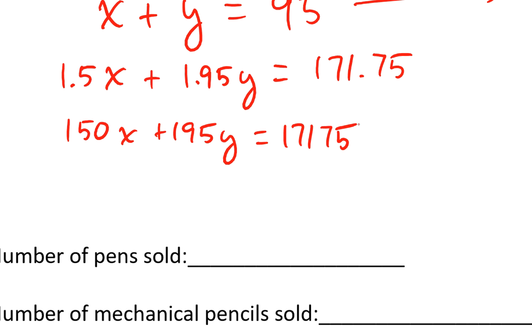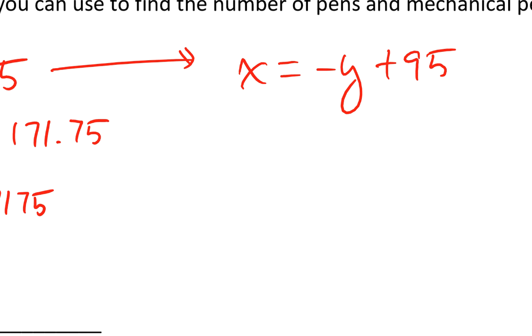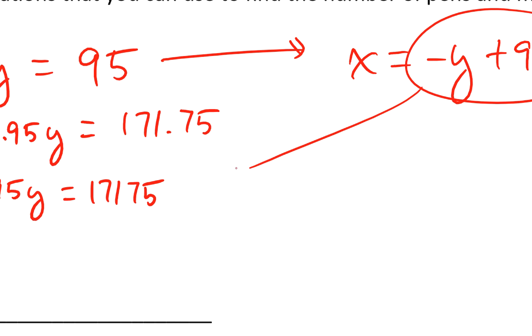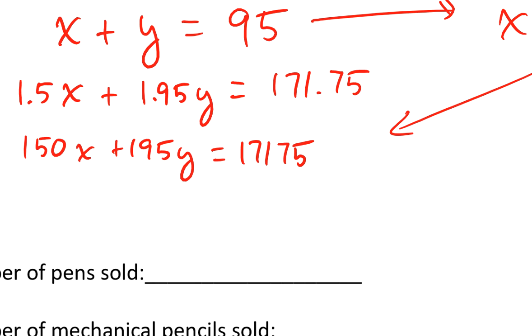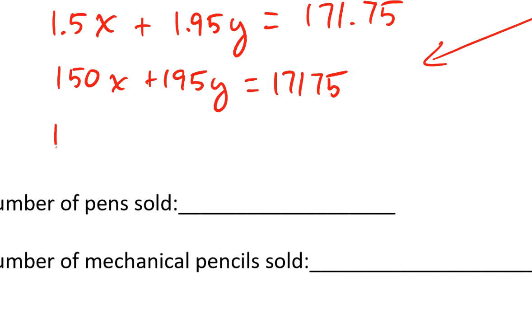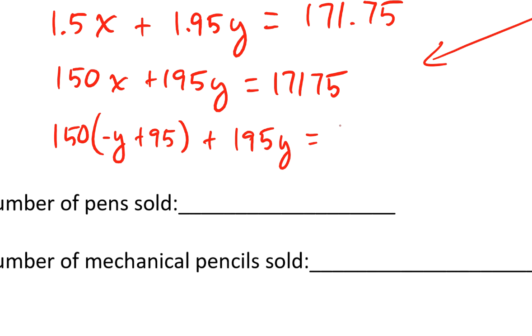I don't know if that's easier or if it makes it more difficult, but it is what it is. So if I use substitution, I know that the opposite of y plus 95 is equivalent to x. So I'm going to plug that in for x into this equation that I just wrote here. So I have 150 times the opposite of y plus 95, and then plus 195 times y, and that equals 17,175.